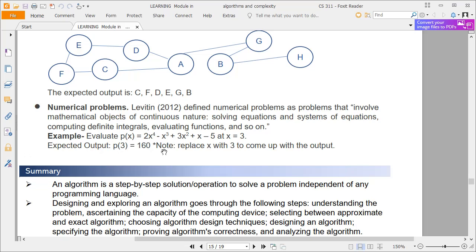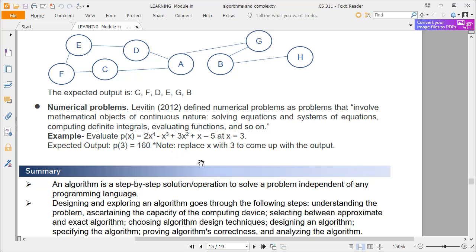So, our expected output, or p of 3, equals... That is, we substitute the value of x, 3, to this equation. 2 times 3 to the power of 4 minus 3 to the power of 3 plus 3 times 3 squared plus 3 minus 5. So that would result to 160.